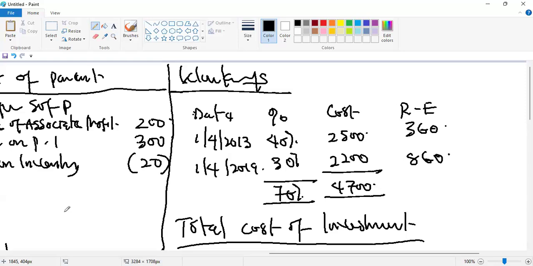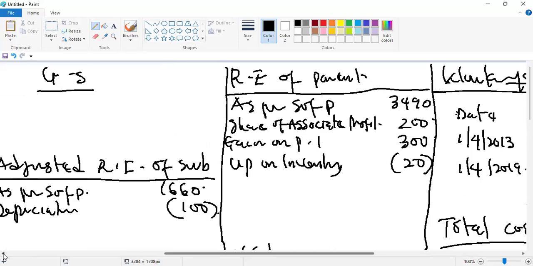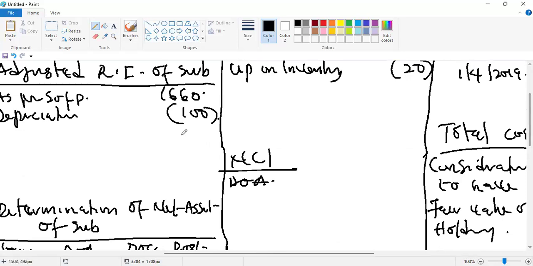Retained earnings of the parent, we have 3490. Then adjusted retained earnings. We'll remove the depreciation. That will give you 1660 minus 100. What does it give us? 1560.